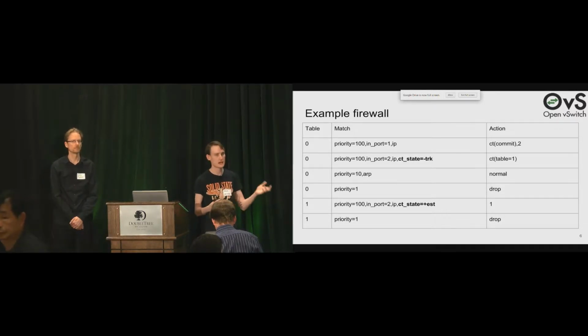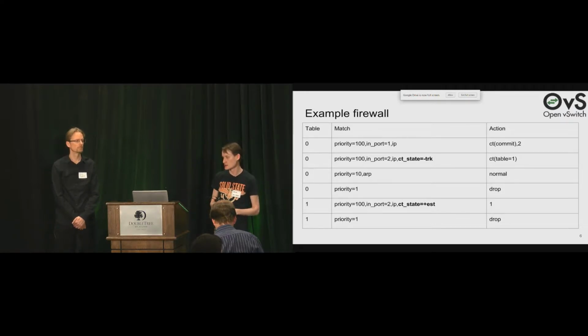So we're allowing established traffic in this case. And you can see the drop, the third from the bottom and the bottom flows there will drop all other traffic. So now if there's a new connection that comes from port 2, it will be disallowed.